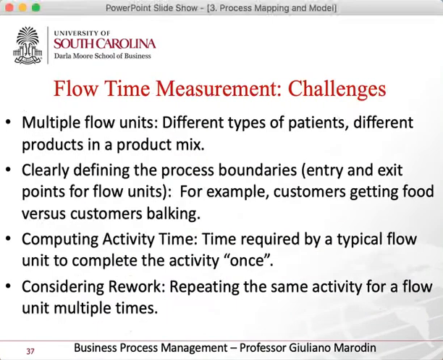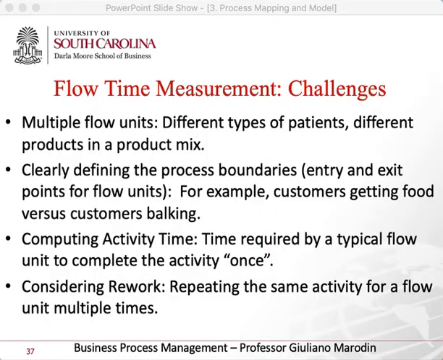Okay. So some challenges calculating the flow time. Sometimes I have different types of products and patients with different mix and different routes. So if you go to an ER, if a patient has this problem, they go this way, and if you have a broken arm, you go to X-ray. If you have other symptoms, you go to the lab and take some exams and have your blood taken.